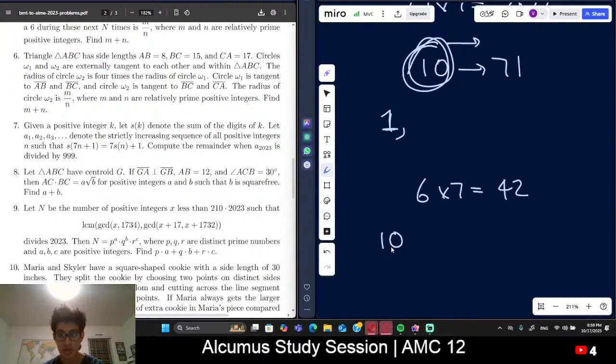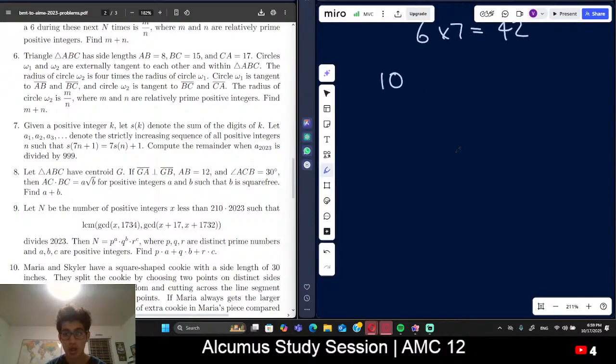So you can have a 1 and a 0, and that works. What if you just have 0? Well, okay, that won't work because k is a positive integer. But what we do have is that 1 works.